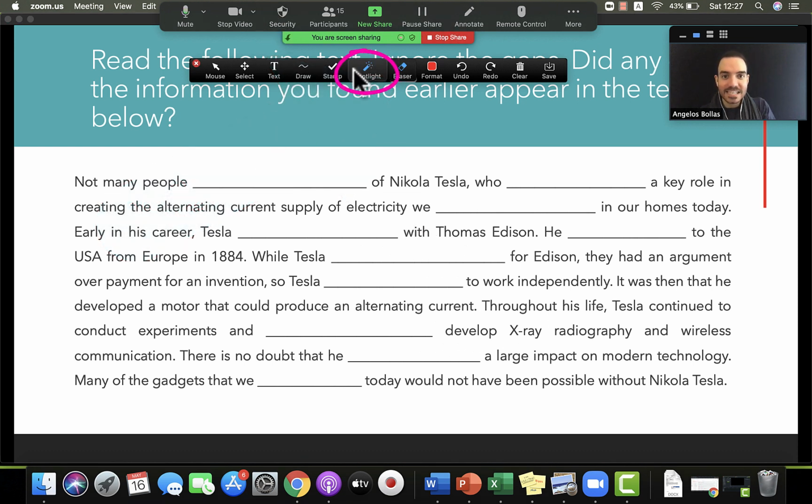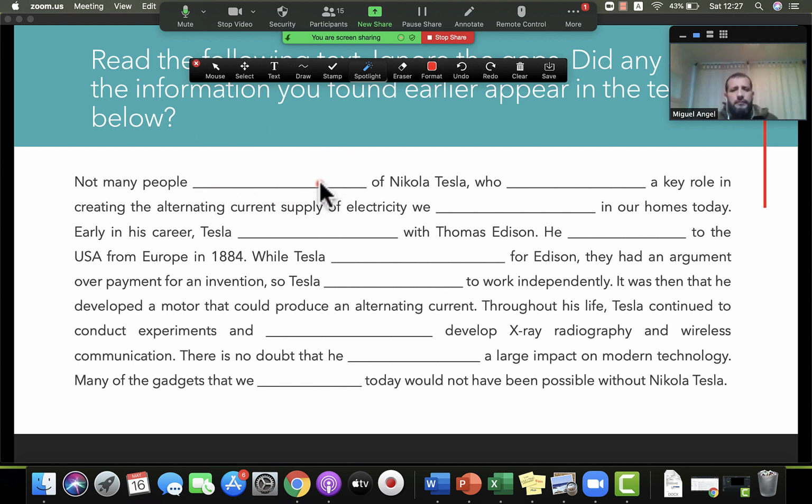So we have here creating alternating current. We have that Tesla and Edison possibly worked together. That there was an argument, as Maki said earlier. The alternating current again. Very good, really.